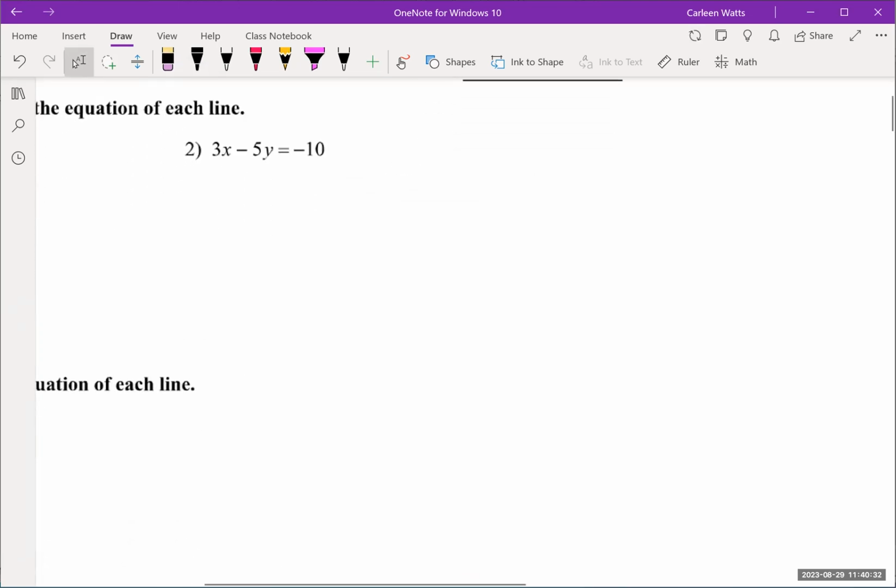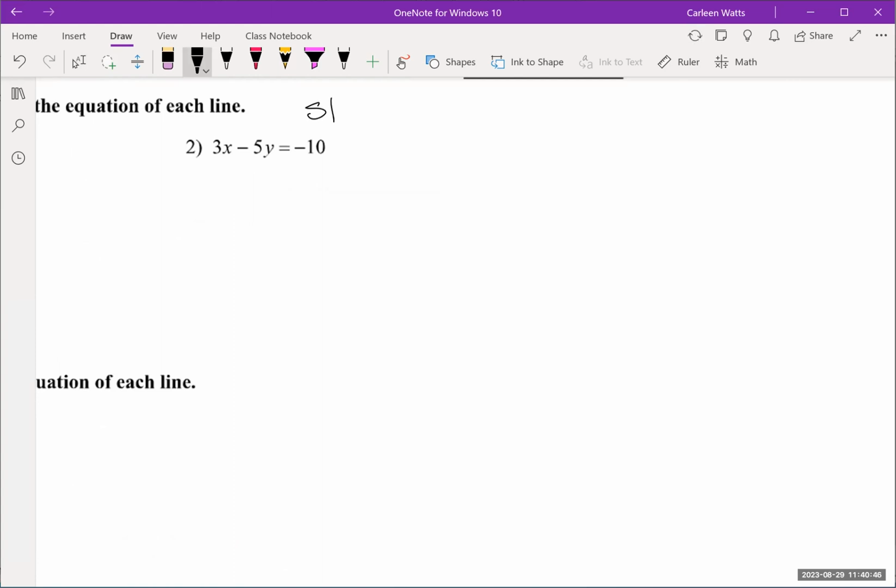Number 2. Y, slope intercept form. So this is in standard form, and I want it in slope intercept form. Standard to slope. Let's make this disappear.